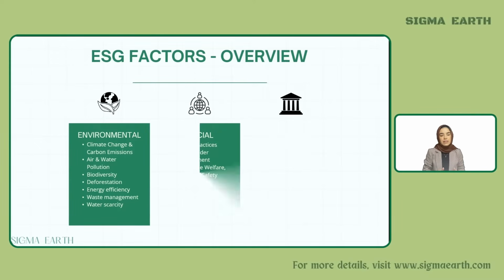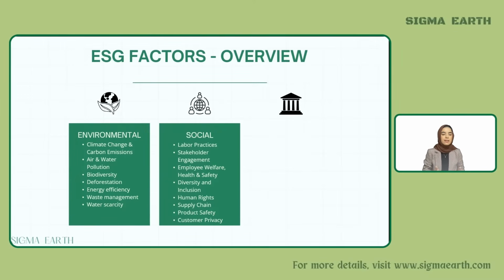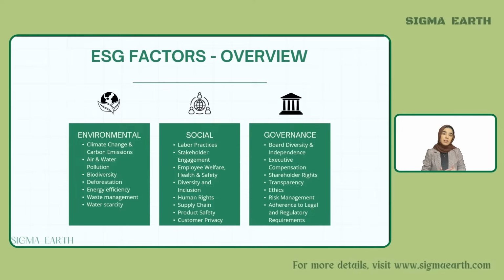Some of the social factors include labor practices, stakeholder engagement, employee welfare and health and safety, diversity and inclusion, human rights, supply chain issues, product safety, and customer privacy. Some of the examples of governance aspects include board diversity and independence, executive compensation, shareholder rights, transparency, ethics, risk management, and adherence to legal and regulatory requirements.